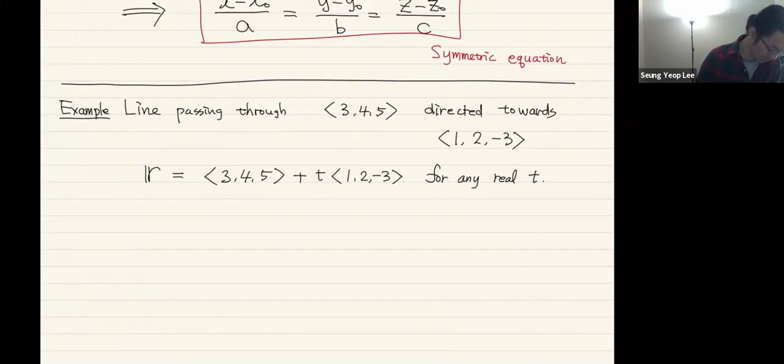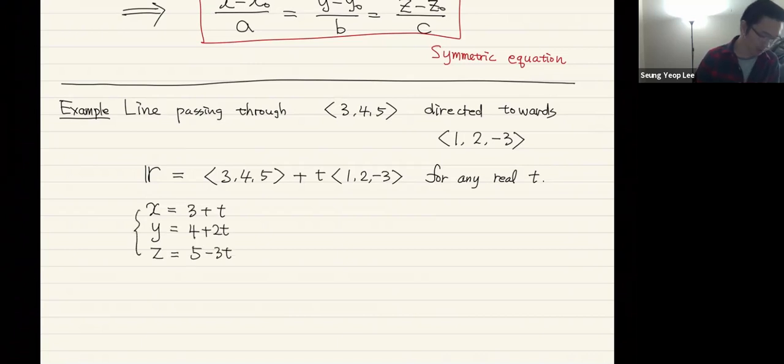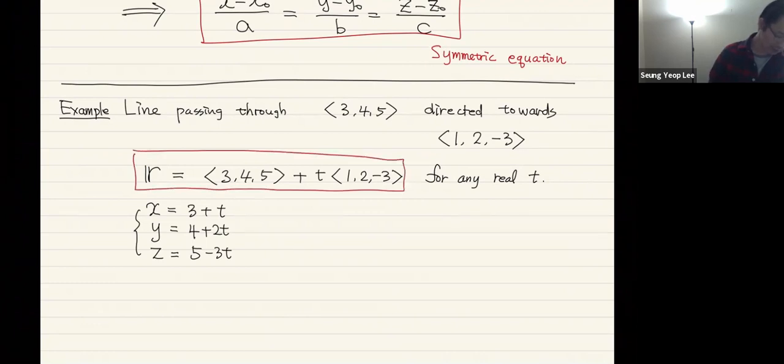Another representation of the line is using parametric equation: x equal 3 plus t, y equal 4 plus 2t, z equal 5 minus 3t. Can you all see what I did? I just rewrite the above vector equation in terms of three regular equations with the parameter t.